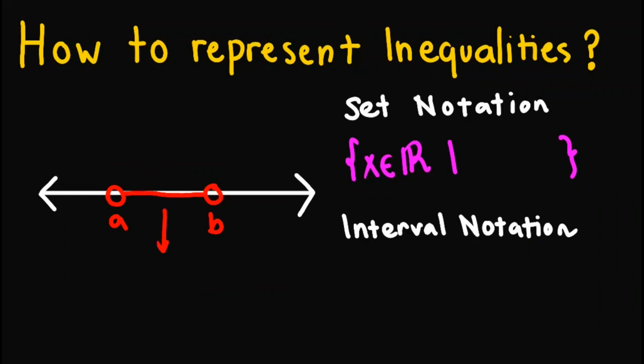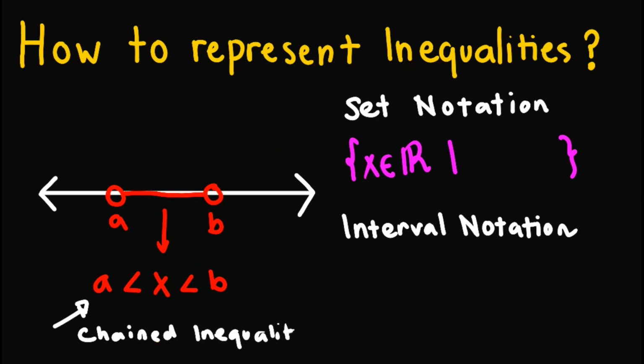We know that if x is a value in this region, we can represent it as x is between A and B. This one out here is actually called a chained inequality, or chained notation, since x is bounded from left to right, so it's like chained.